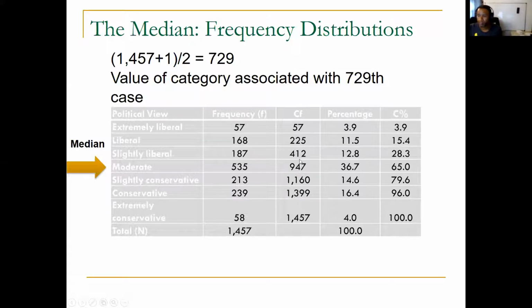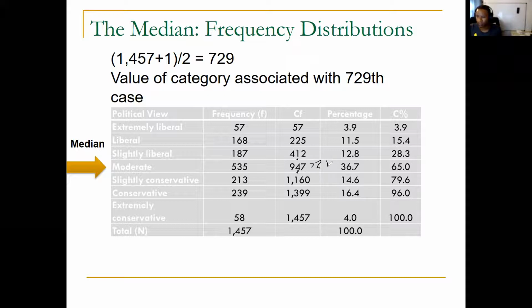So this first line is 412. And this line is 947. And then 729 is going to fall somewhere in between 412 and 947.